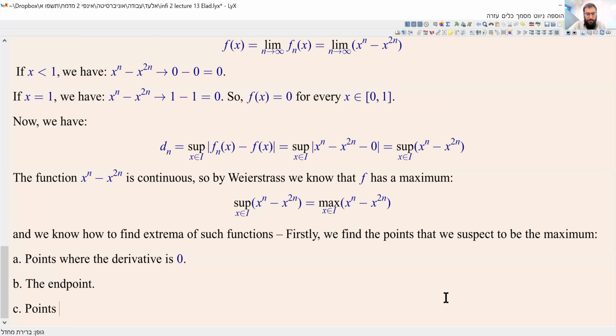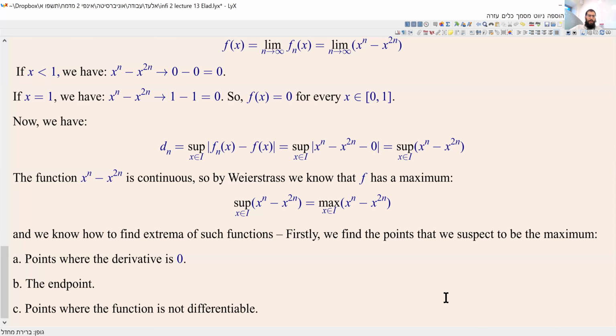Points where the function is not differentiable, meaning that there is no derivative there.